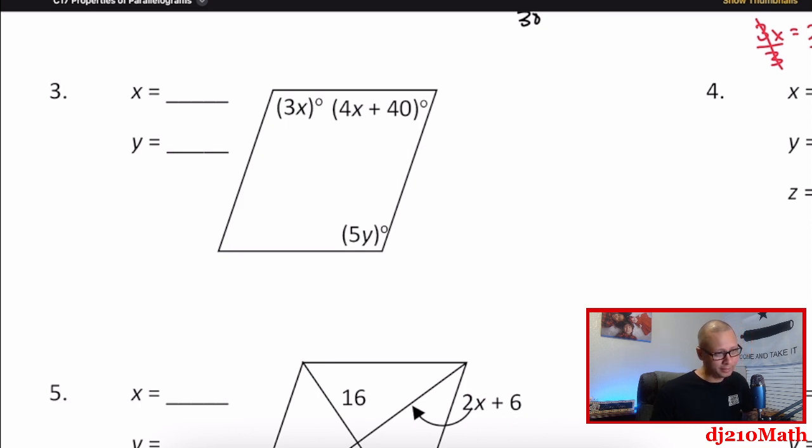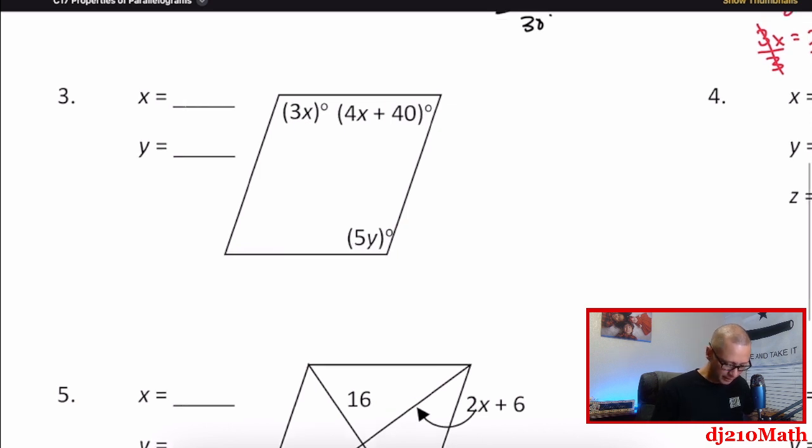So here, I know that consecutive angles are going to be supplementary, meaning that they add up to 180. So the first thing I think is like, okay, this angle and this angle together have to add up to 180. So that means 3x plus the other angle, 4x plus 40. Together, these need to make 180. That's what that means.